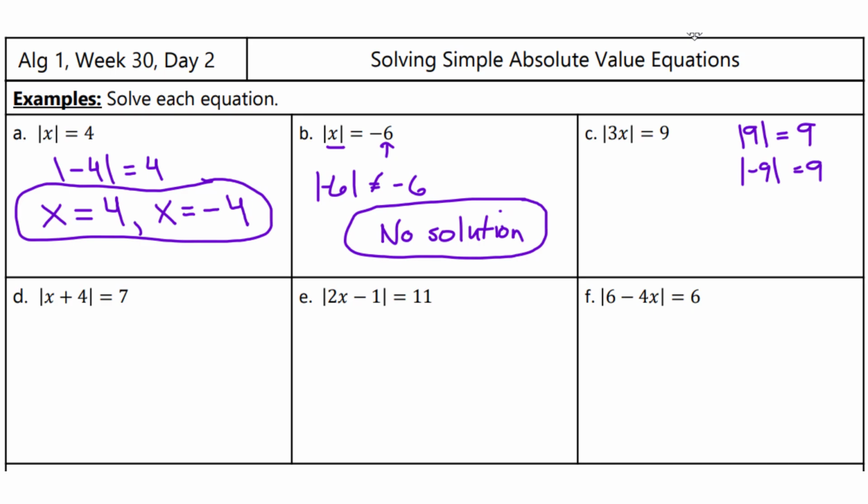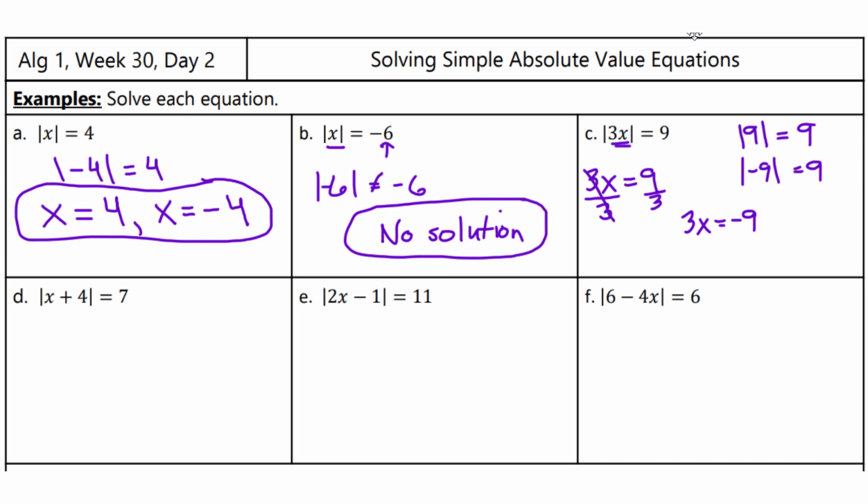But what's inside the absolute value right now is 3x. So to figure this out, we need to ask, what would make 3x equal 9, and what would make 3x equal -9?